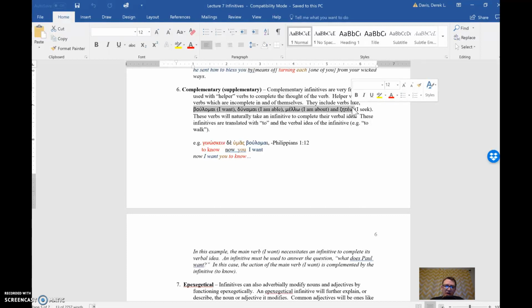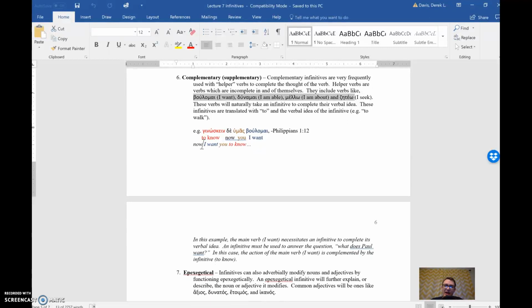It needs another verbal idea to complete it. So I want to jump, I am able to jump, I am about to jump, I seek to jump. So all of these verbs need an infinitive to finish their idea. So whatever that infinitive is that accompanies them, you call a complementary infinitive. In other words, it complements that particular verb.